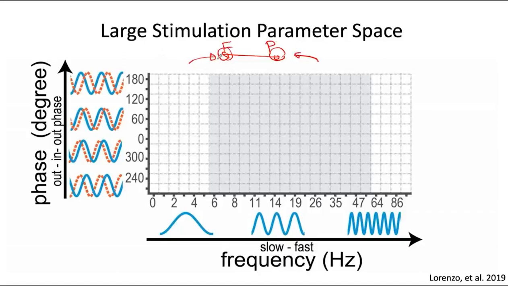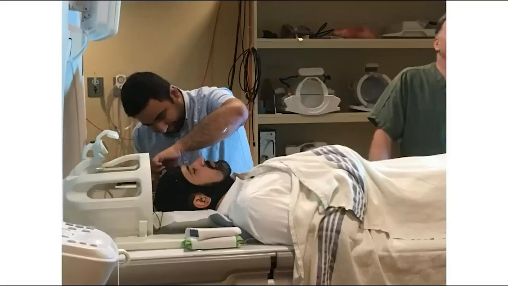Because we know that when we do the stimulation, they are not actually in exactly the same timing. So we can play with the timing a little bit as well. And there is a large space of this stimulation. But let me just move forward.